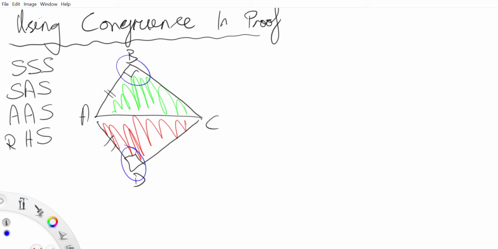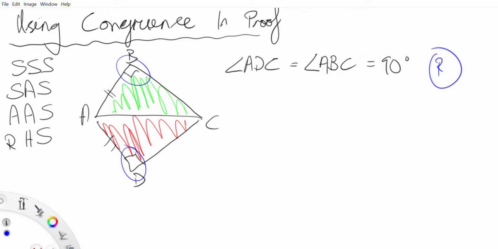So we can say angle ADC is equal to the angle ABC, this angle here, and they equal 90 degrees. So that fulfills that right angle.